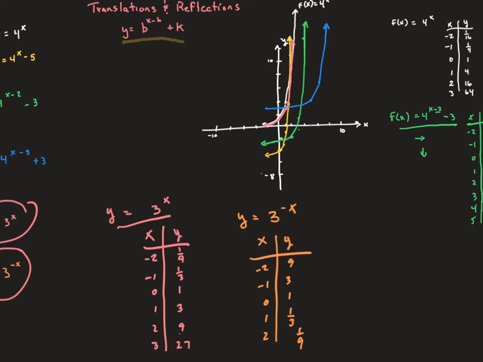And then my orange function, when I graph it, I'm going to have negative 2 and 9. I'm going to have negative 1 and 3. And it looks like that reflection, that negative, is going to cause it to reflect across the y-axis. So just seeing some of the characteristics that's going on here.